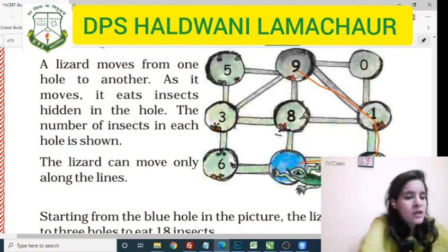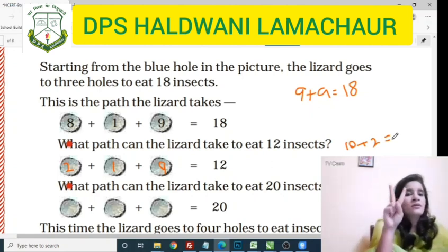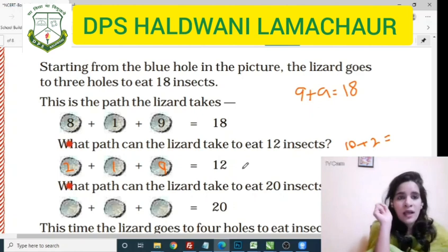So let's count. First 2, then 1, then 9. So 9 plus 1 is equal to 10, and 10 plus 2 is 11, 12. So the answer is 12.